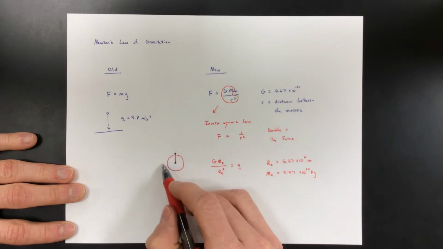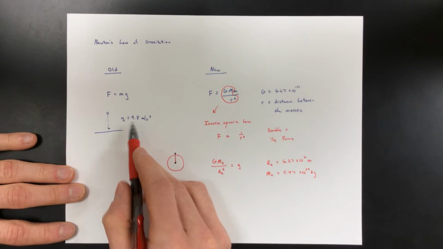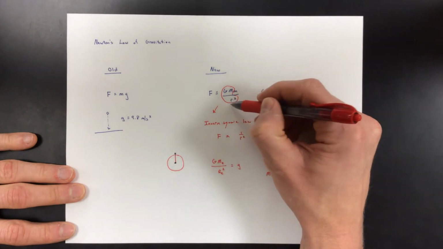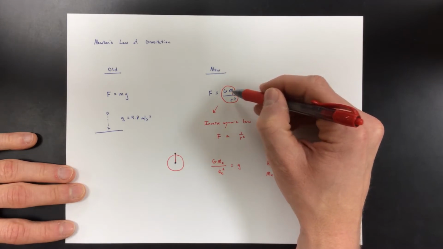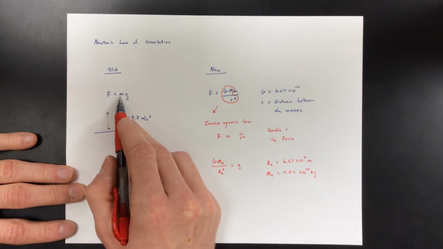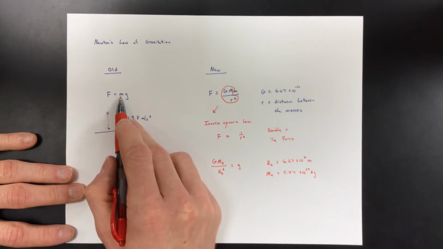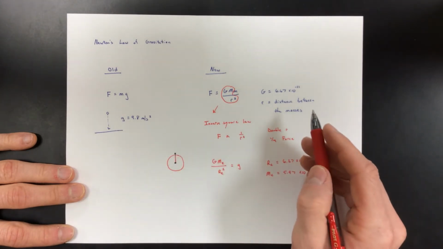And so no matter where we go on the Earth, we're still at the acceleration of 9.8 because this factor here is just what little g is. And then if we keep varying different masses, then we get different weights, which is why your typical weight is proportional to your mass.